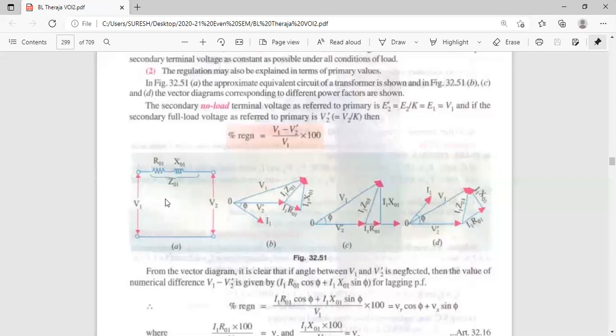V1 minus V2 is the voltage drop in this circuit. That is equal to I1 into Z01, the voltage dropped across this R01 and X01. What is Z01? Write down the next step. Z01 is equal to R01 plus JX01.